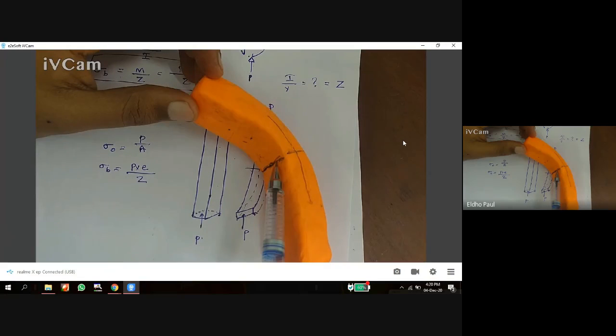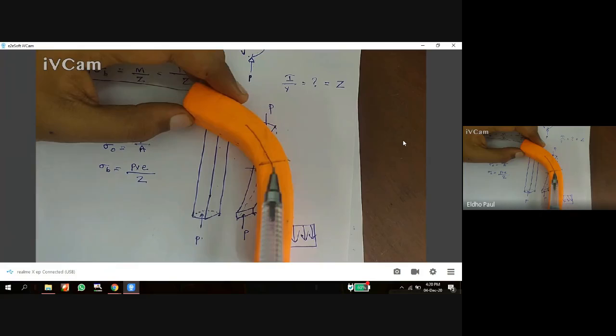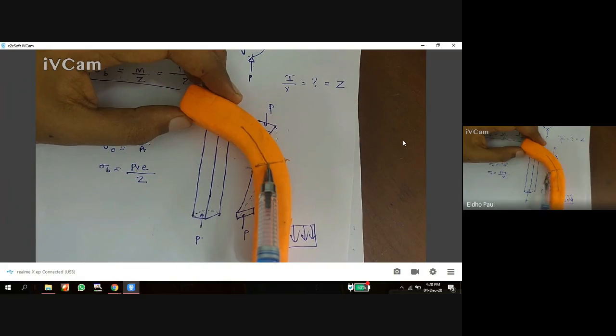Compressive stress varies from 0 at the neutral axis to the maximum value at this inner surface.